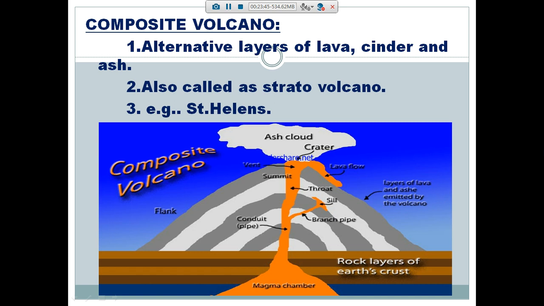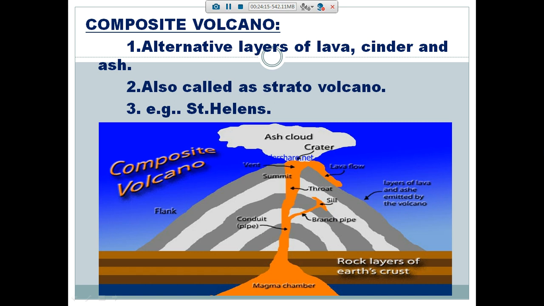So it is also called a stratovolcano. It is also a very dangerous volcano, one of the most dangerous volcanoes on the planet, because it rises 8,000 feet above its base. So that it is called a dangerous volcano.